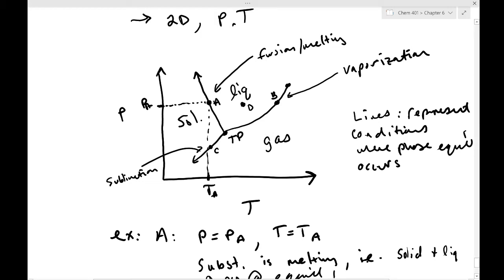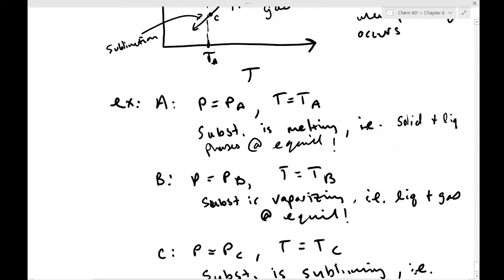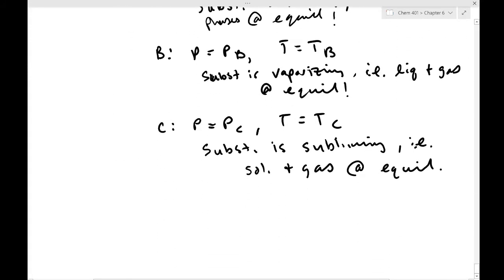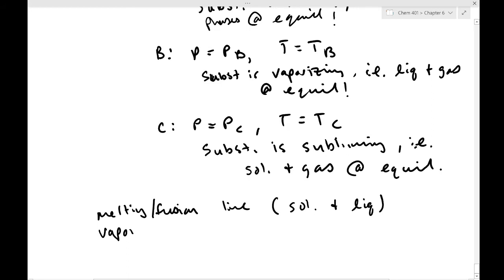The triple point means that all three phases of this substance are at equilibrium, okay? So let's write them all out. We have the melting fusion line. This is a solid and a liquid at equilibrium. We have the vaporization line.